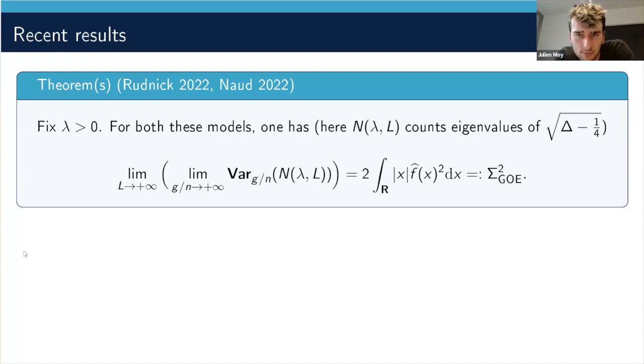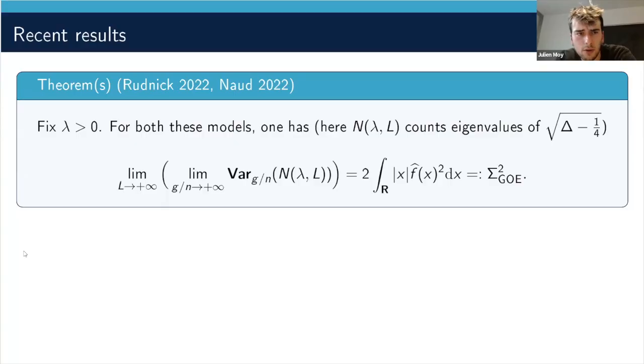And for both these models, one gets the following. They computed the limit of the variance where the genus or the degree of the cover, depending on the model, goes to infinity. This limit converges. Then they took the limit when L goes to infinity, and they found the value of the variance for the Gaussian orthogonal ensemble.